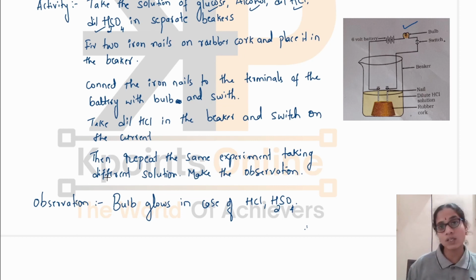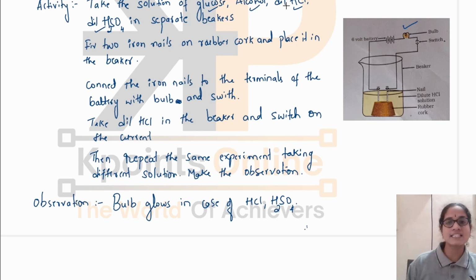Only when there are ions in the solution will it conduct electricity. If the ions are not present, the electric current is not supplied to the solution, the circuit is not complete, and the bulb will not glow at all.